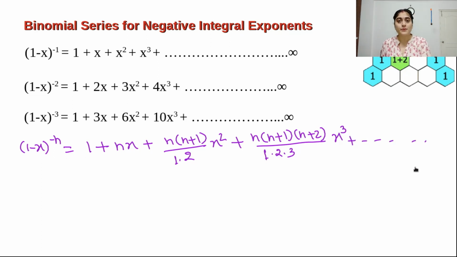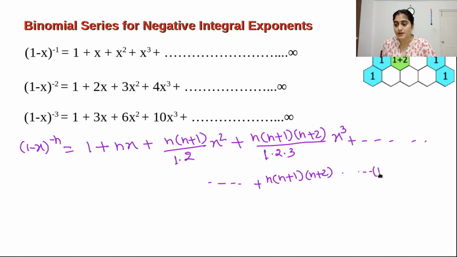It can go up to infinity, or if I take up to k terms, then for the kth term it keeps increasing. And here you can see if it is x cube, one less term will be there.